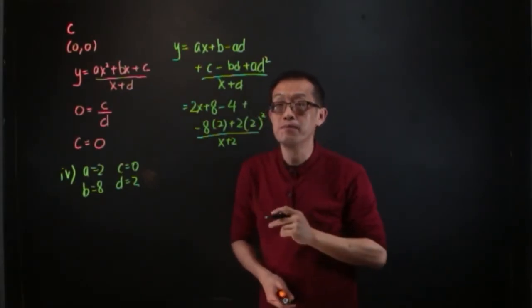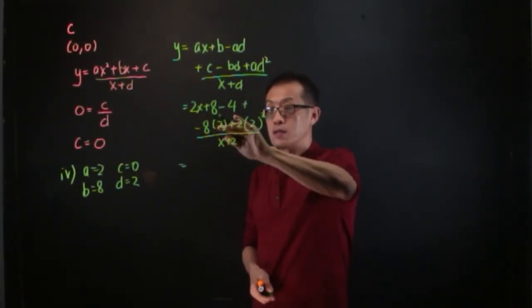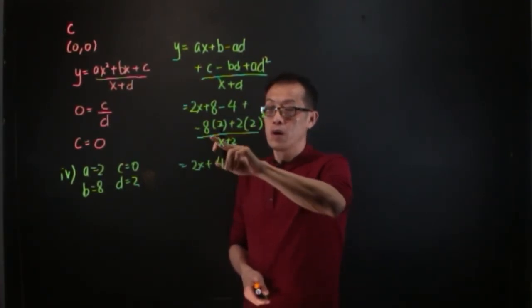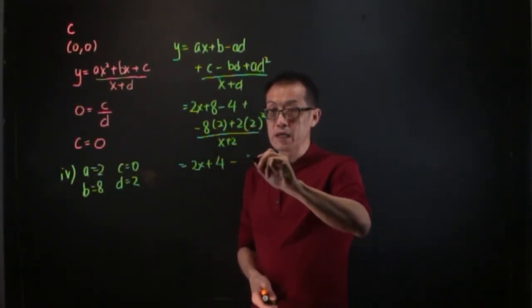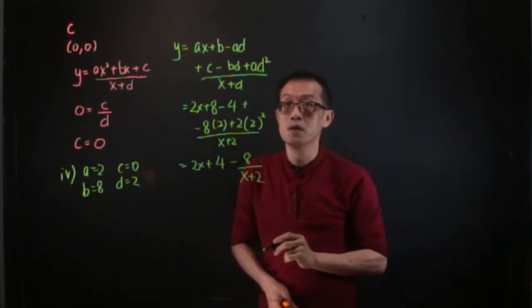So plus here. Now you simplify this. This is 2x plus 4. Now this is minus 16 and this is 8. So you will get minus 8 over x plus 2.